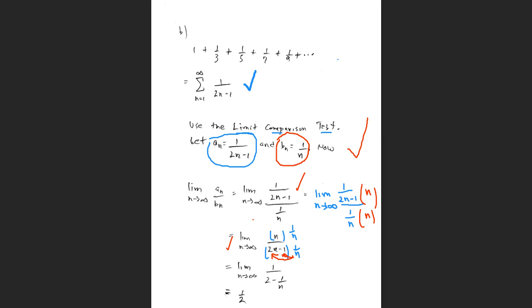When I do that, we get the limit as n goes to infinity of 1 divided by 2 minus 1 over n. And when we take the limit, that's just going to be 1 over 2 minus 0, and that gets us a half. Okay. Now, why do you think I chose 1 over n here?